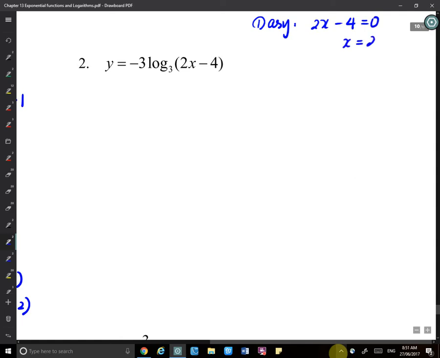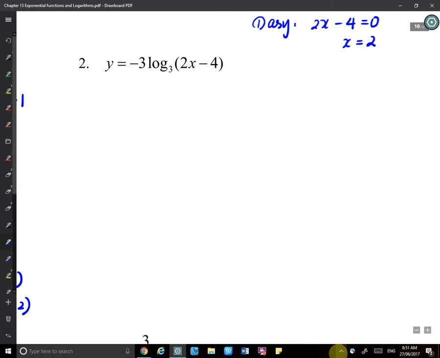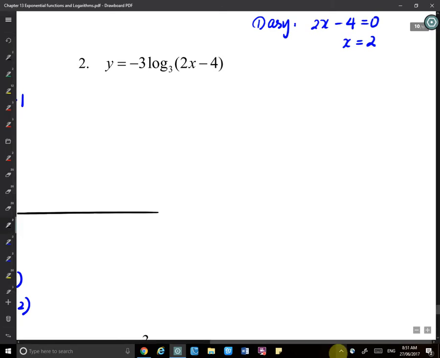Therefore, x equals to 2. It is x equals to 2.